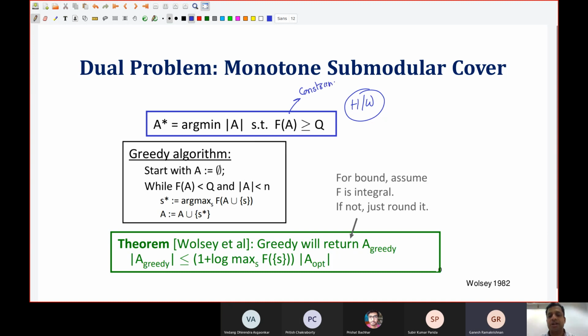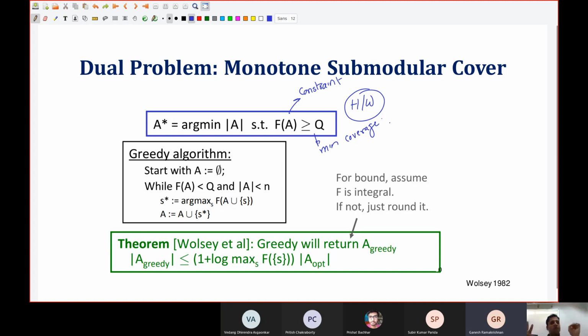I put the submodular coverage, for example, like minimum coverage. I don't want coverage less than some q, right? But find the smallest set that satisfies my coverage constraint. Okay, it turns out the same greedy algorithm works.